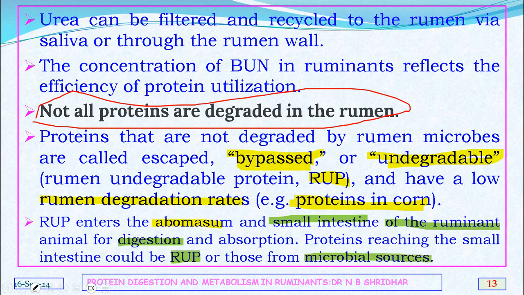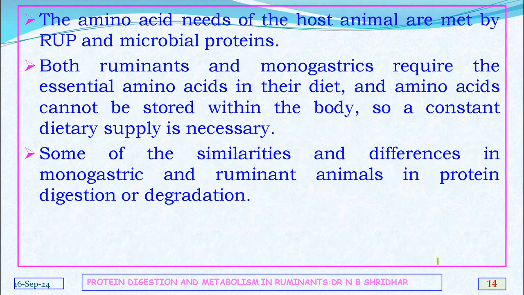Both of these can be utilized. The point to be taken here is that not all proteins are degraded in the rumen. Some proteins that are not degraded go to the abomasum, then to the intestine, then through different enzymes they are converted into amino acids, and later absorbed into the circulation as amino acids.